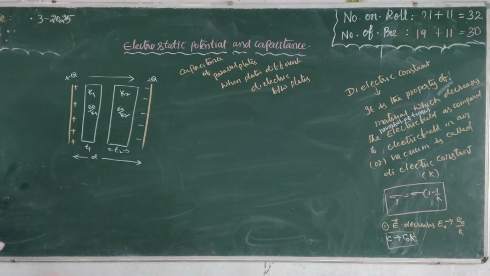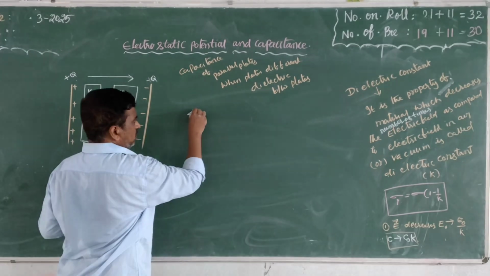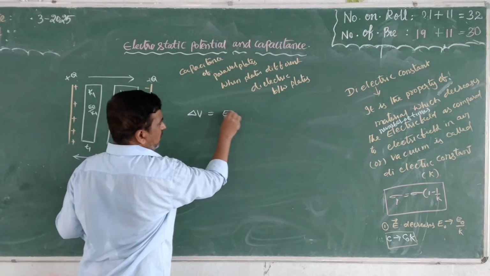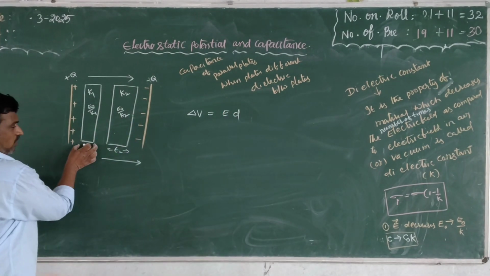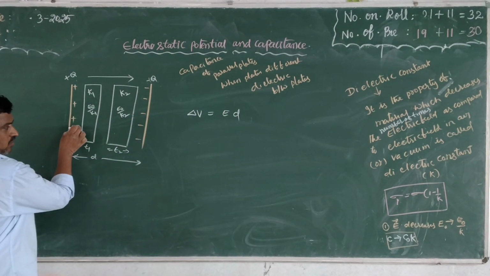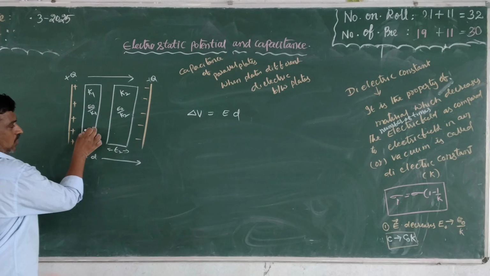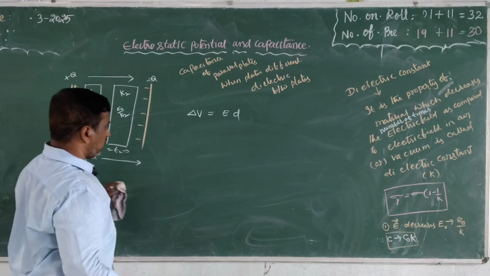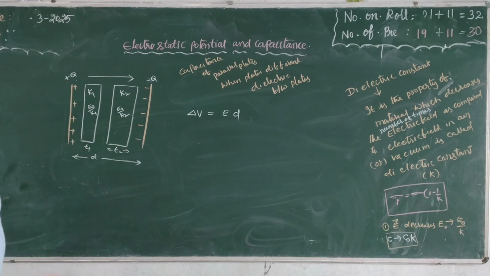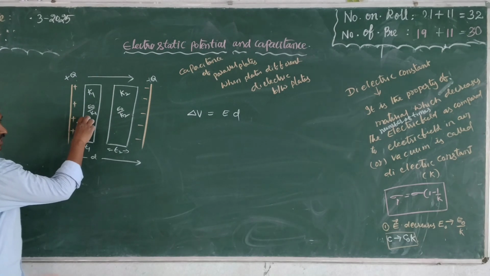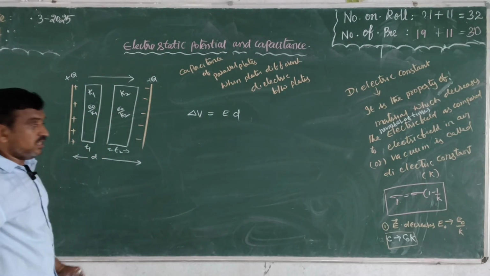For that, we can write the change in potential. What is the change in potential? E into d. Here E1 d1, E2 d2, E3 d3. Three regions are there: one is empty space or vacuum, another has dielectric constant k1, and another has dielectric constant k2.